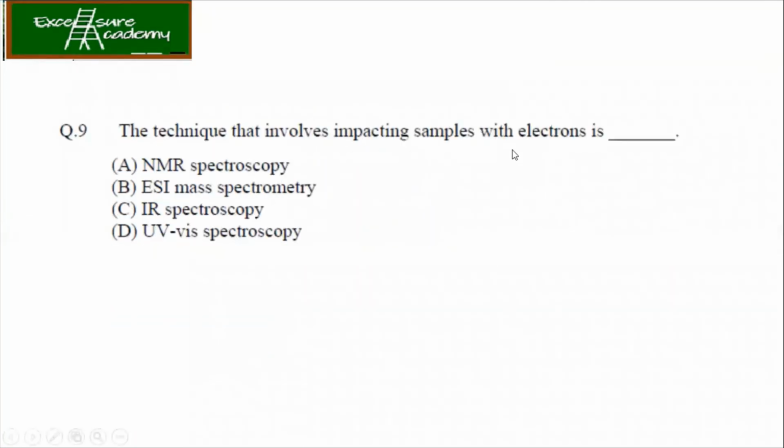Next question. The technique that involves impacting samples with electrons is dash. So if you know the full form of these spectroscopy and spectrometry, then the answer becomes very easy. So the first option is NMR, that is nuclear magnetic resonance.